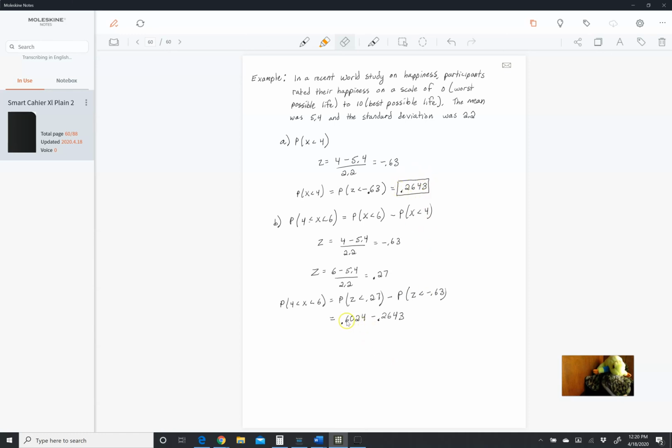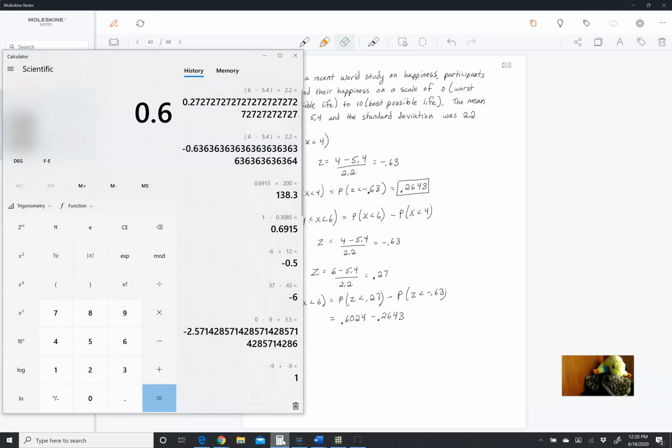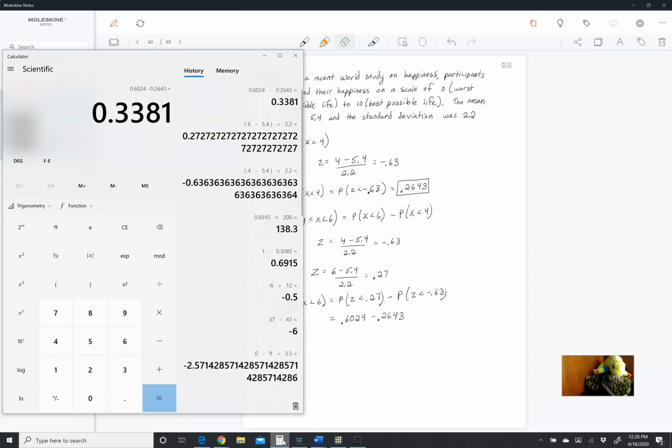Now remember, you should always be doing bigger minus smaller. If your first one isn't the bigger number, then something went wrong. Okay? So we just put that into our calculator. And that's 0.3381.